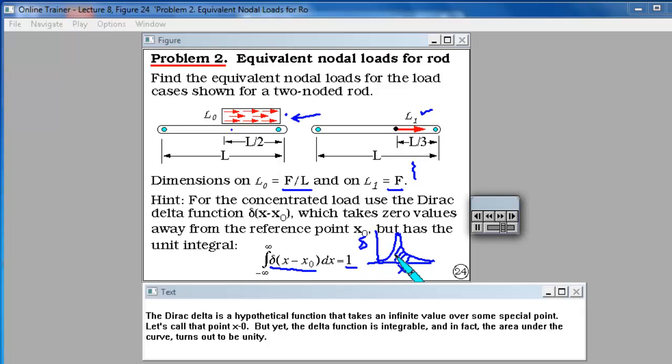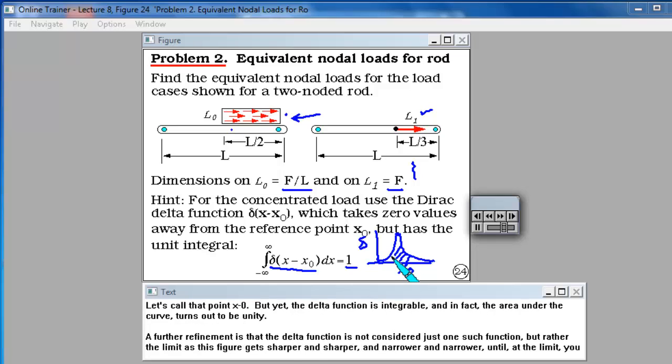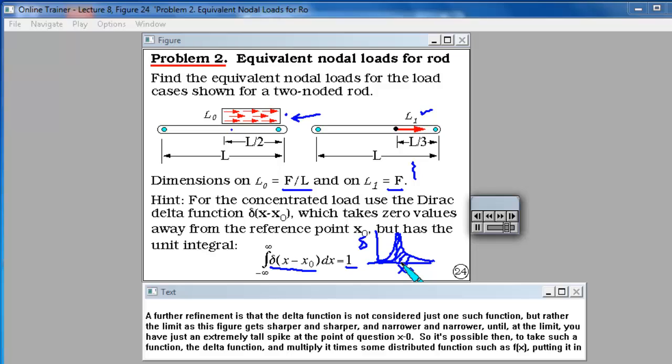A further refinement is that the delta function is not considered just one such function, but rather the limit, as this figure gets sharper and narrower until at the limit you have just an extremely tall spike at the point of question x0.